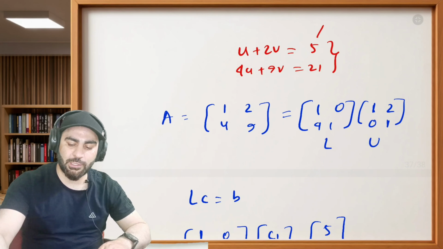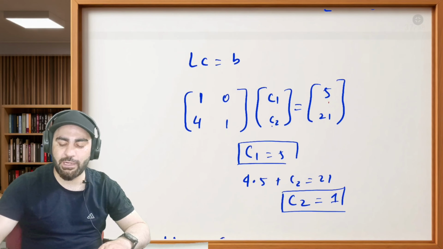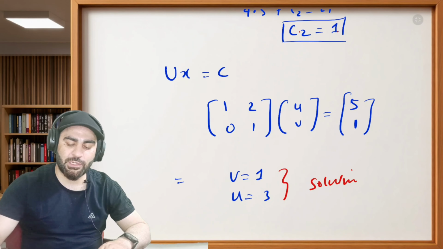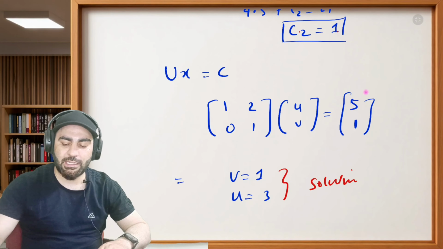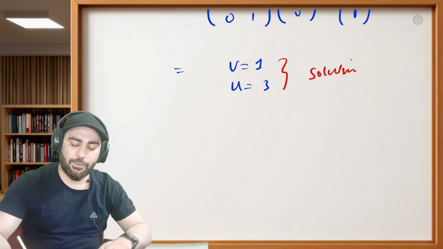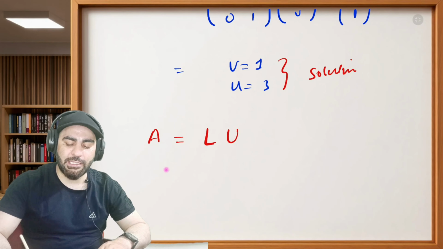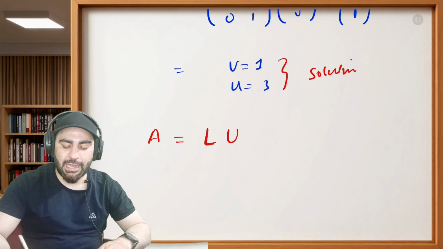So this is L, this is your C, and this is your B. You first find C1 and C2. Now you know that UX is equal to C. So you can directly see that this is your C and you can solve it for U and V. What you have to do is perform Gaussian elimination to get L and U for this matrix A, and then easily you can solve for X and Y.